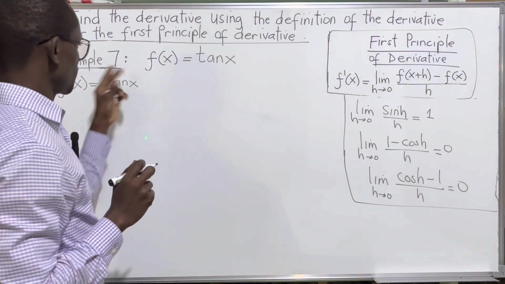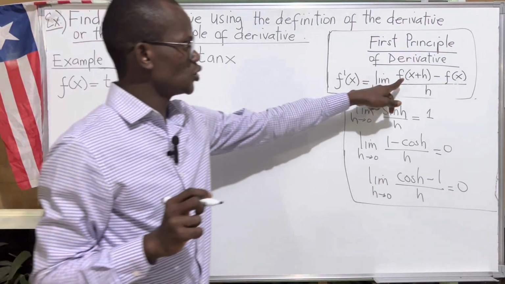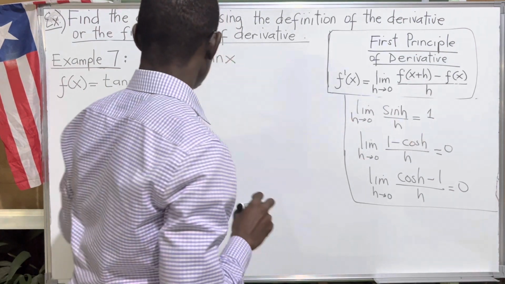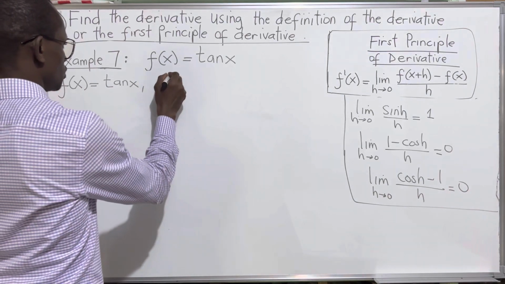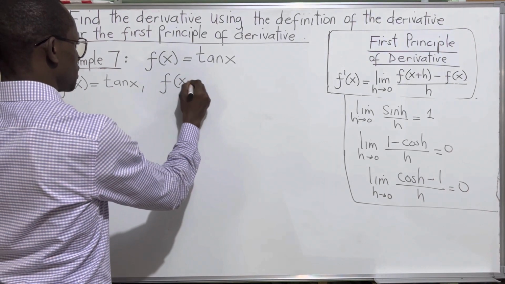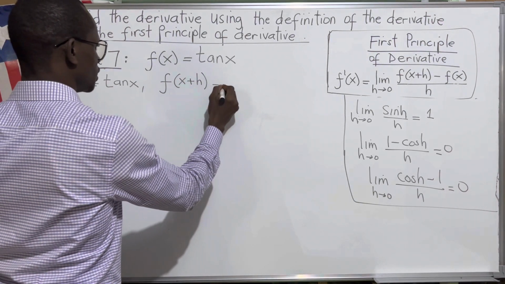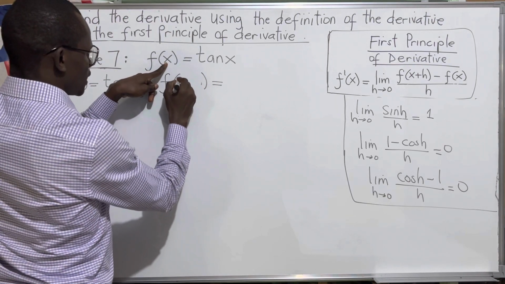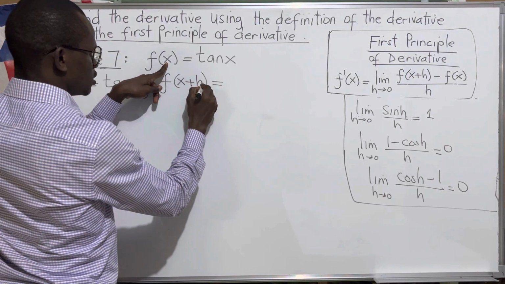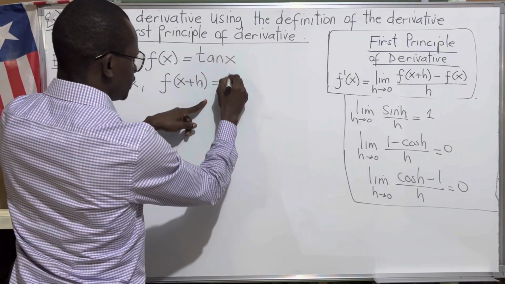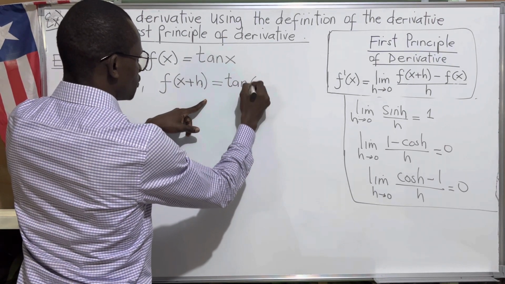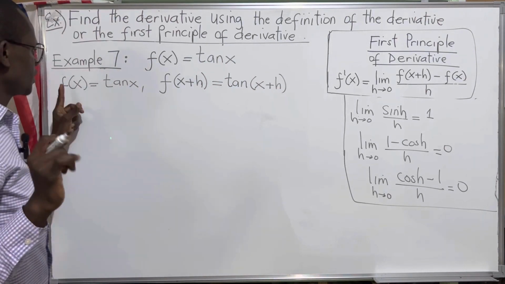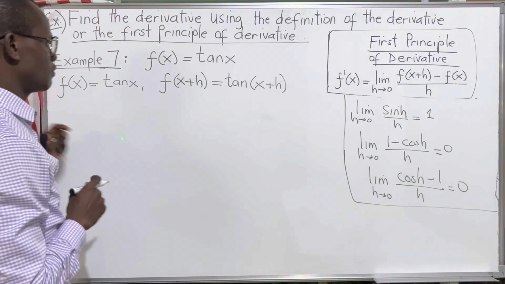The next thing we need is f of x plus h, which is like replacing x with x plus h. Anywhere I see x on the right hand side, I replace it with x plus h. So I've gotten f of x and f of x plus h.